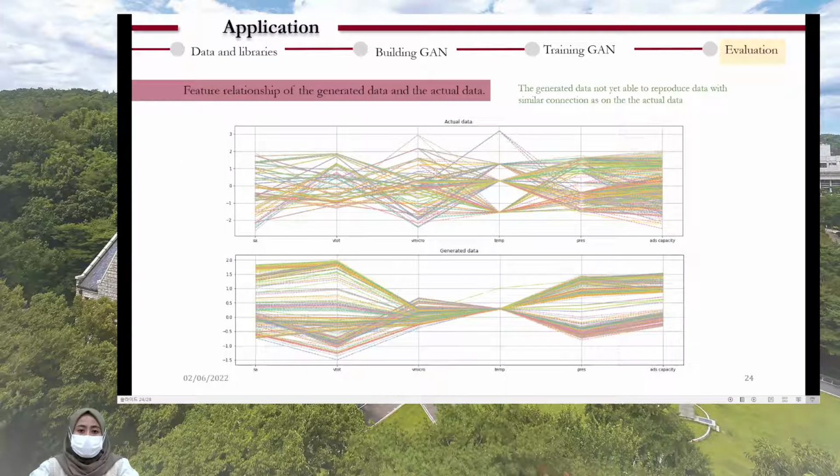And then in the next evaluation, we have all variables plotted against their normalized values to see the relationship of each variable, whether it is still similar or not to the real data. However, the result shows that the generated data are not yet able to reproduce data with a similar connection or pattern as in the actual data, which is in agreement with the principal component analysis plot result in the previous slide.